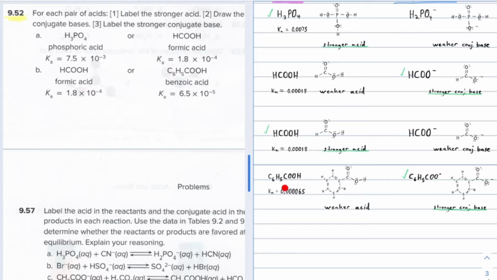And remember, it's the hydrogen attached to the oxygen which is the acidic hydrogen. So here's the formula for the conjugate base of benzoic acid, and they each have a minus charge. The charge goes down by 1. And here are the formulas right there. So this time, formic acid is the stronger acid, so benzoic acid is the stronger conjugate base.